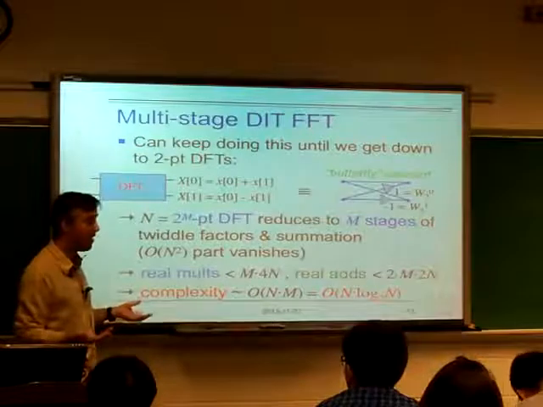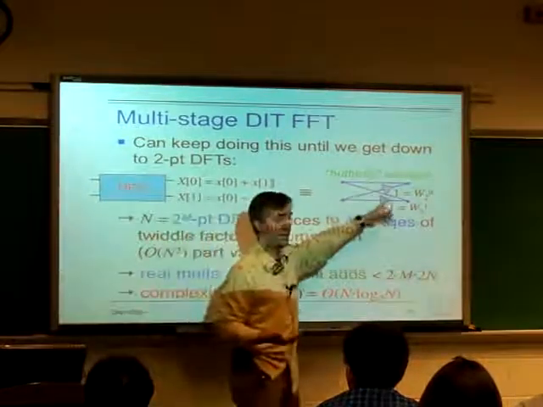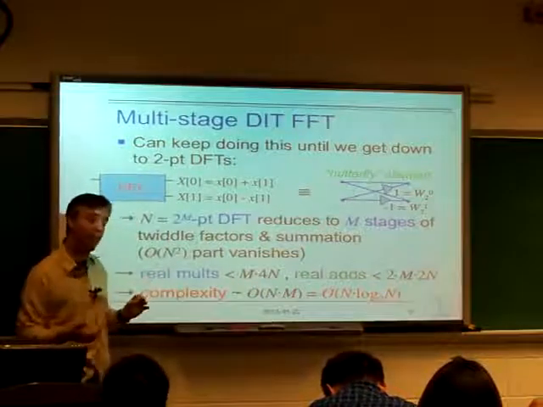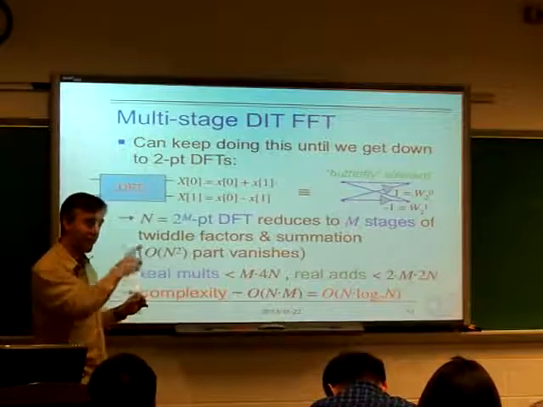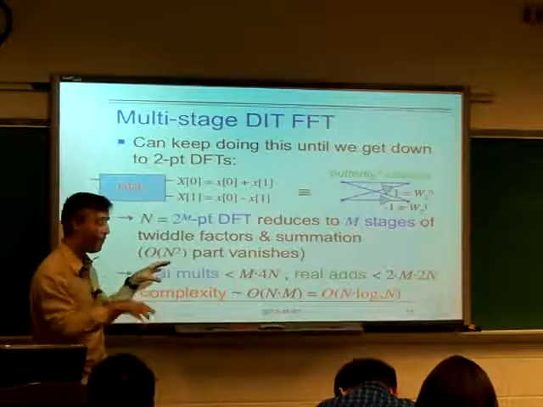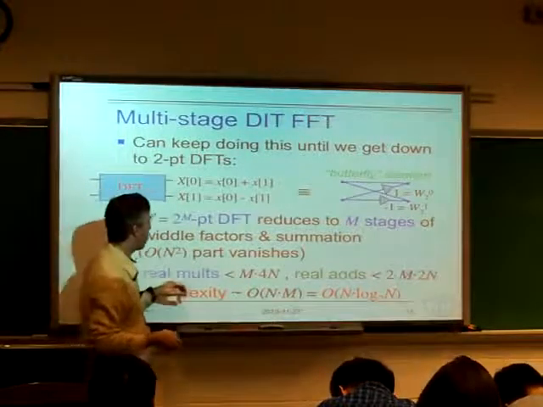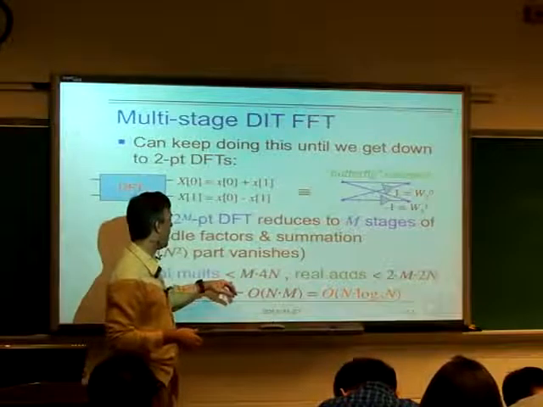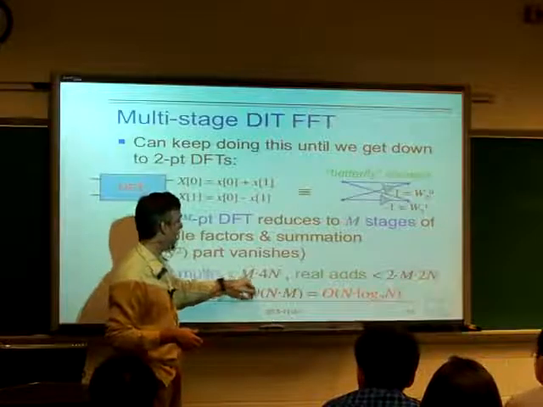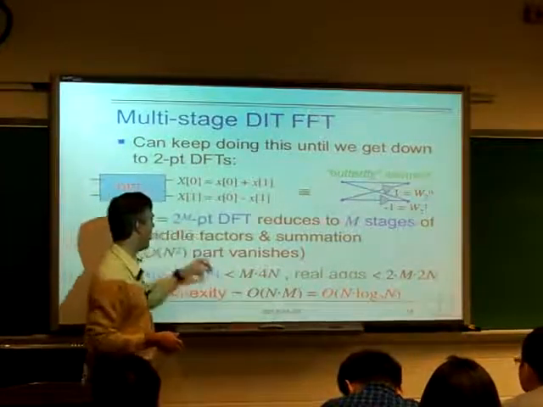Basically all the DFT calculation disappears because it just reduces down to these sums and differences. And the only multiplications we're left with are the twiddle factors, right? The little w sub n to the k's that we have to use when combining the even part with the odd part. So the real multiplies, if we work it all out, instead of being order 4n squared, it's now m times 4n, where m is the log base 2 of n.